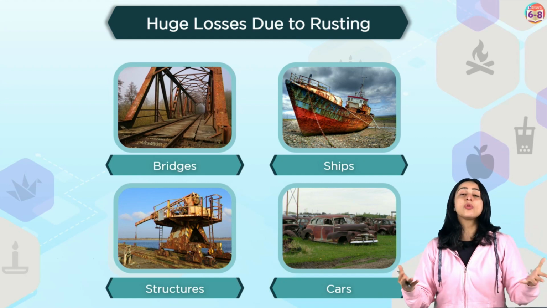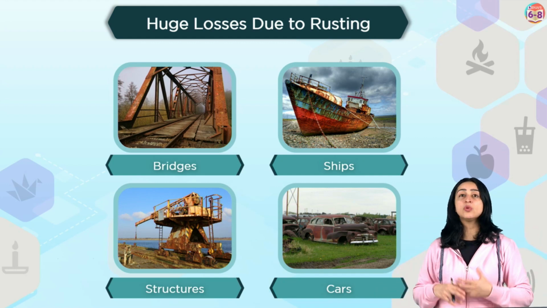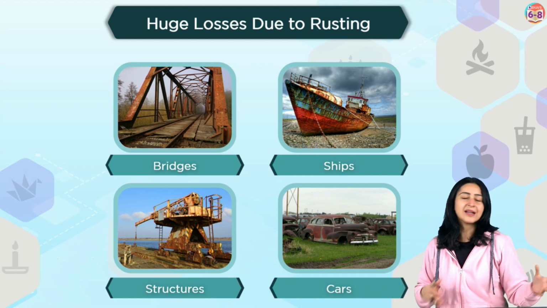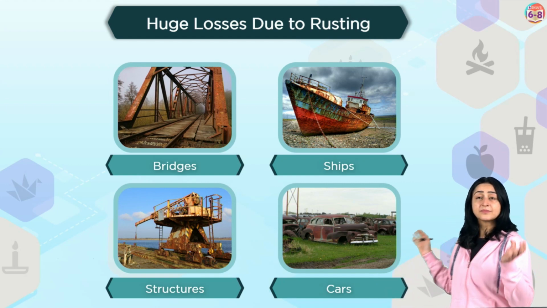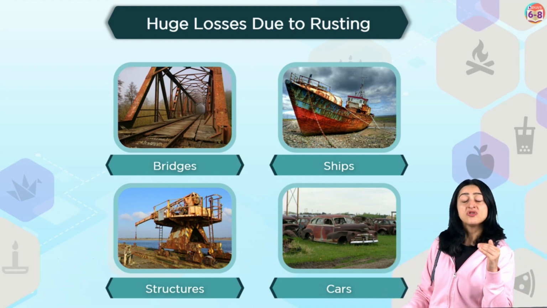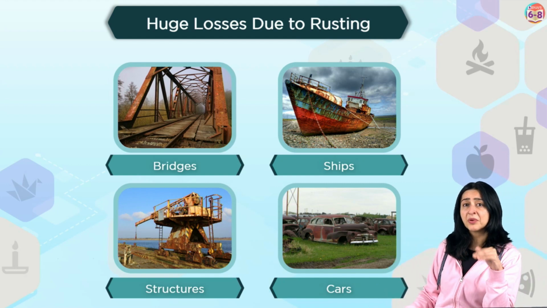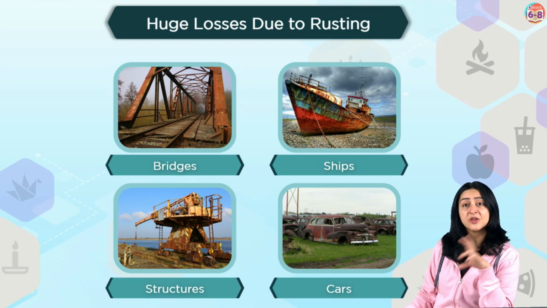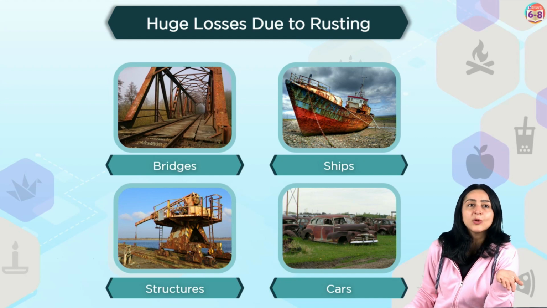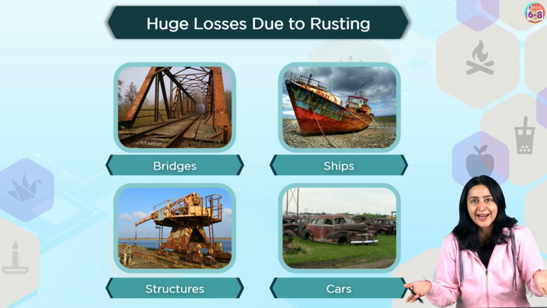We can't use those ships in the same way, or those bridges. The bridges start breaking, the cars don't function optimally, and the structures break. So there are a huge amount of losses because of rusting. And rusting is going to happen, because you can't avoid contact with air, right?